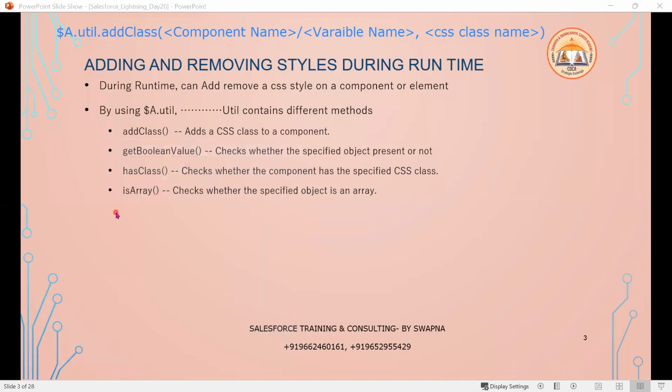Now is array. Is array basically checks whether the specified object is an array or not. The syntax is $A.util.isArray.